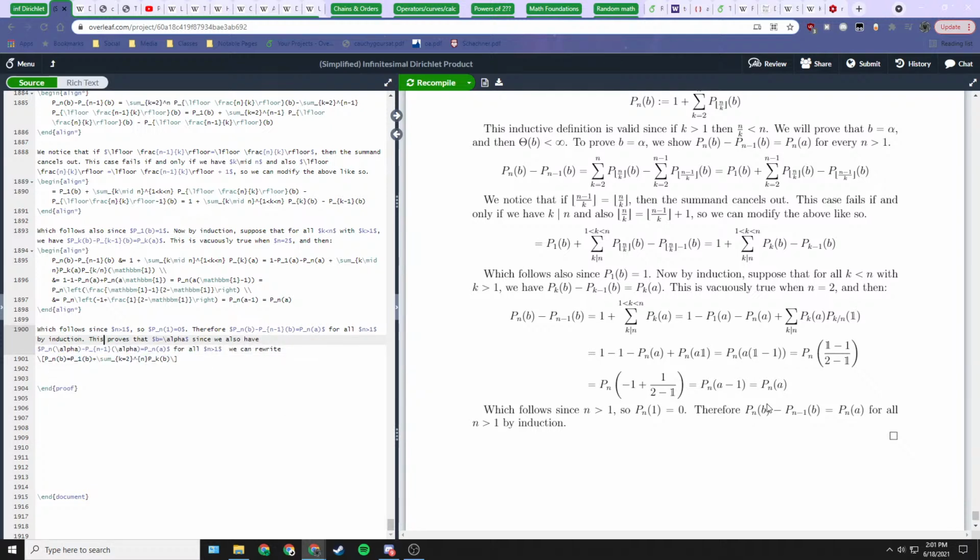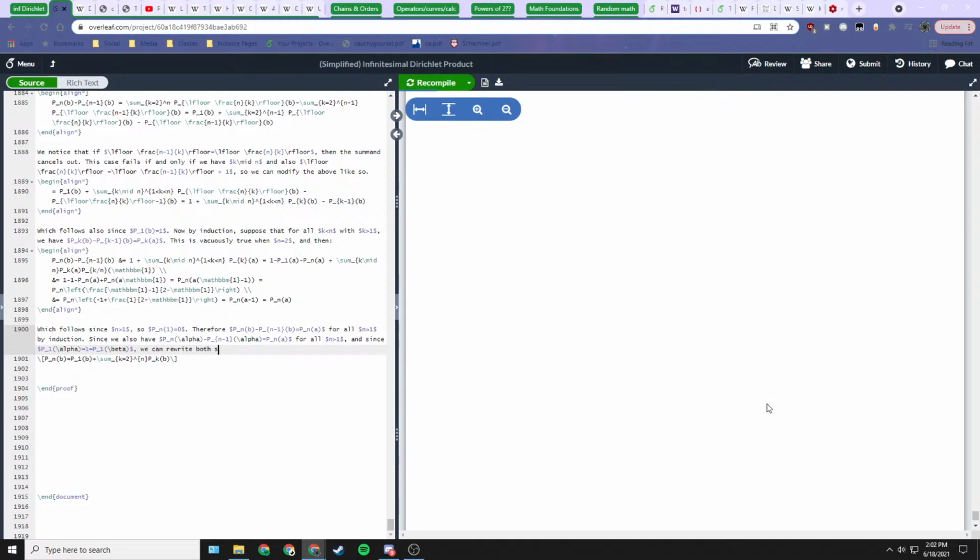So let's actually do this. We have this difference, and since we also have this condition for alpha for all n greater than 1, and since p sub 1 of alpha is 1, which is p sub 1 of beta, we can rewrite both as follows.